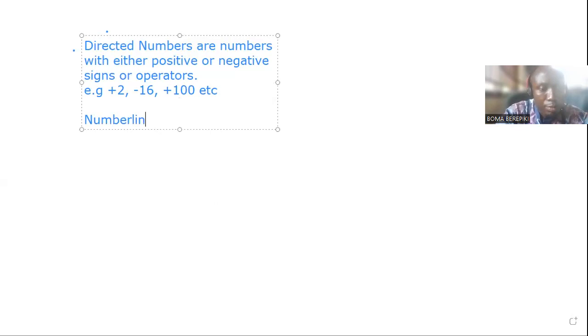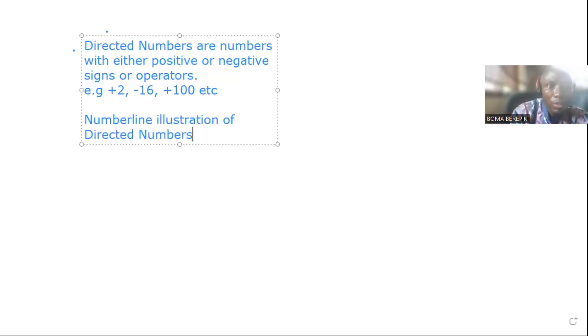Number line illustration of directed numbers. So what does it look like?